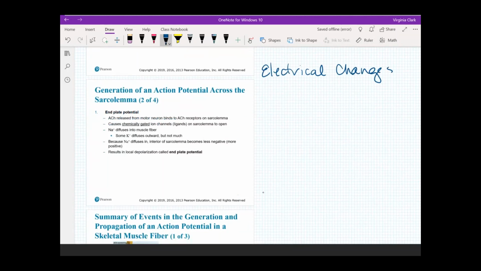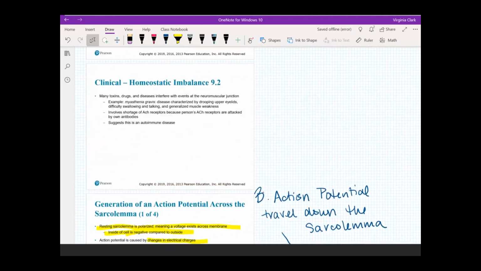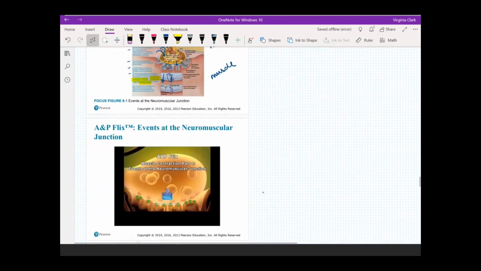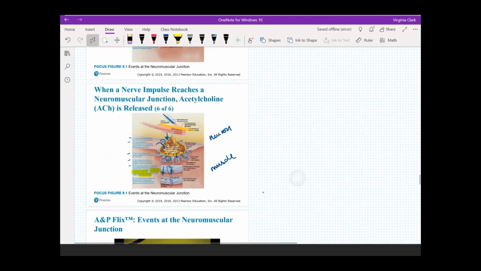Step 1, you will have the end plate potential. So this is ending at the very end of part A. When we had the events of the neuromuscular junction right here, we ended with the change at the very end, in the end plate potential.